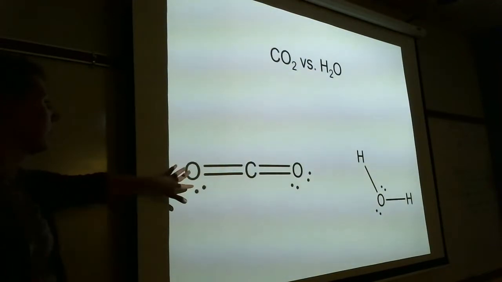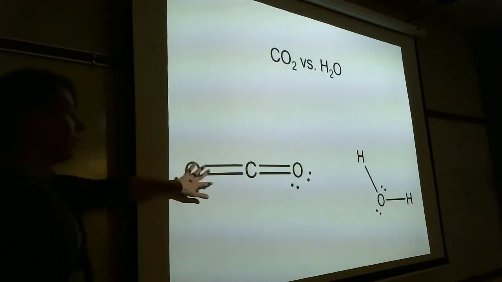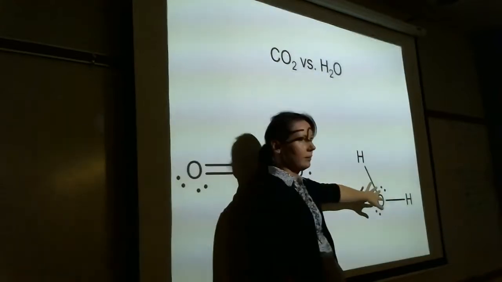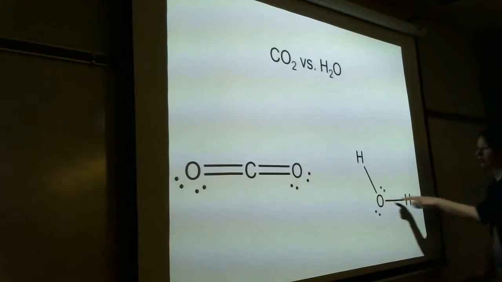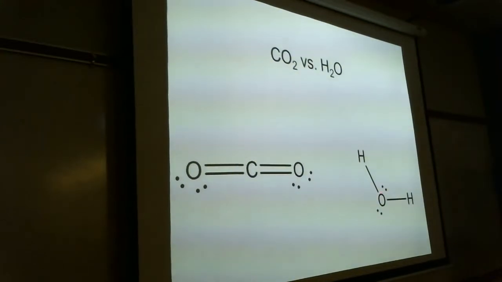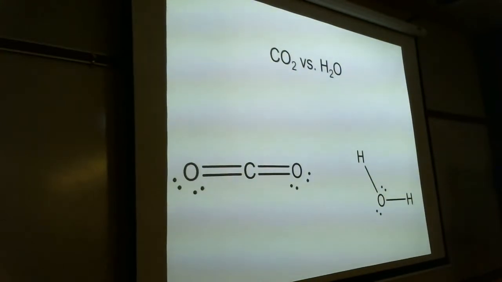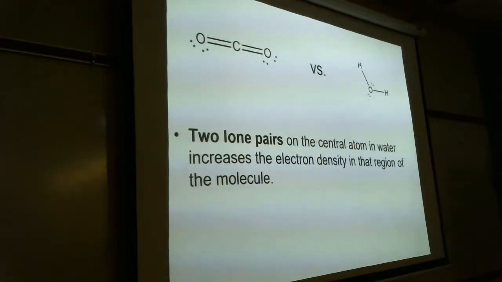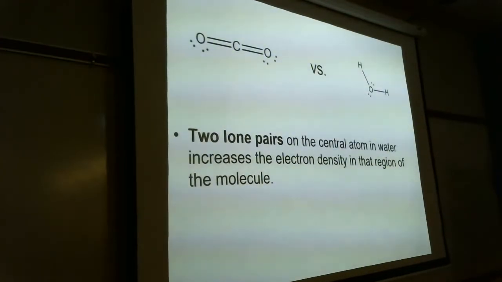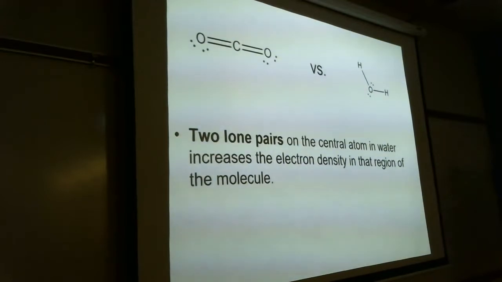No, this one's going to be linear, right? This one's going to be bent, right? It's based on the tetrahedral molecular geometry. Good job. Right, so those two lone pairs, that's high electron density, right? That takes up a lot of space. So those two lone pairs give a lot of extra density. If you're drawing it red, it'd be red right there in the middle.